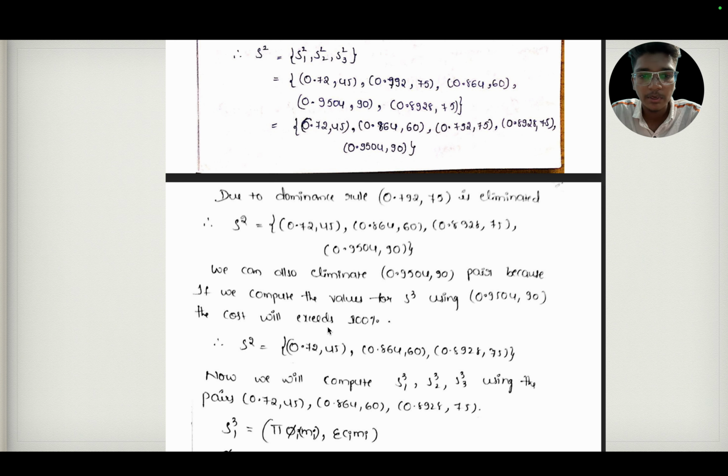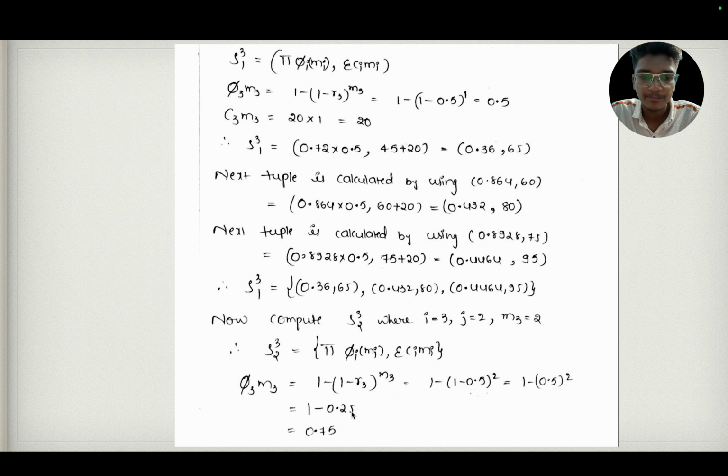In the next step it will exceed 105, so we also eliminate that. The final output for the final tuple is this, and now we will compute S1, S2, S3 using the pairs. Finally we'll get it in this way, calculated using the previous one multiplied and added for the cost.